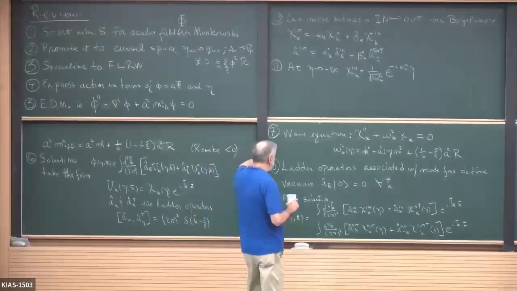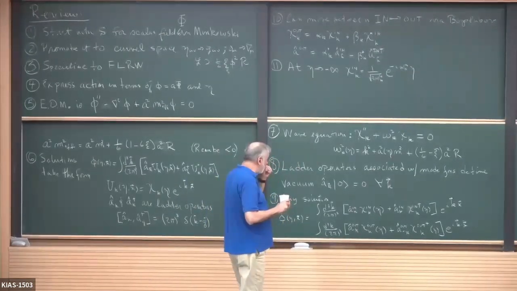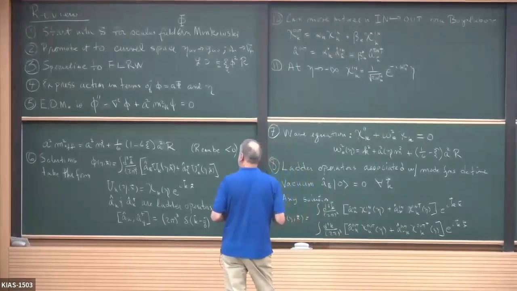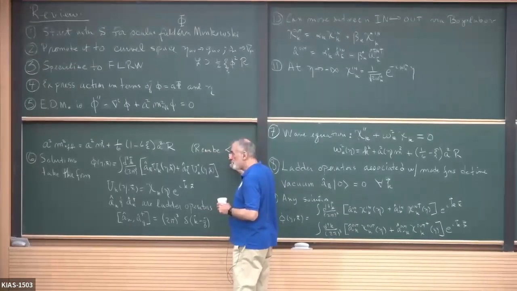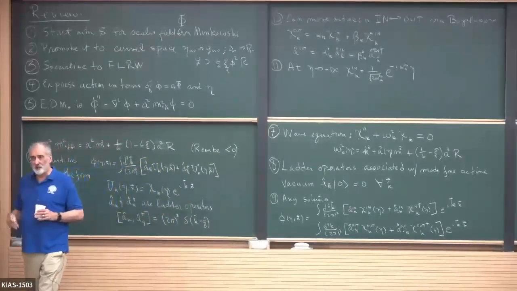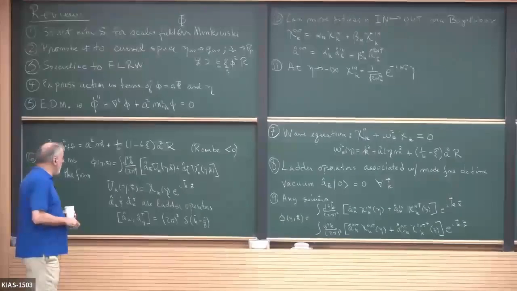So the wave equation is written in this form. And as I mentioned, here, R can be smaller than 0. The Ricci scalar is negative in de Sitter space, so we expect it can be negative during inflation.